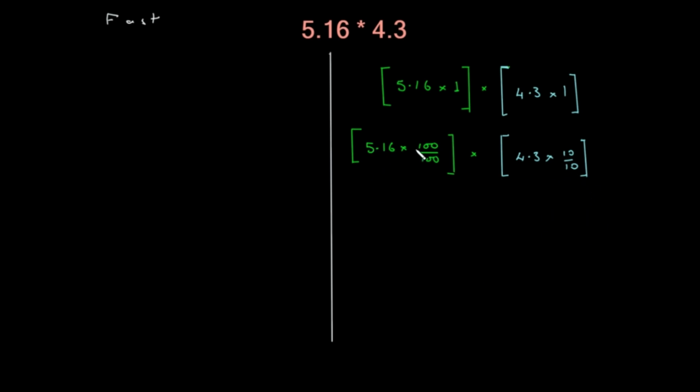Okay, let's split these up here. So we have here 5.16 times 1 over 100. That's the bottom bit. Okay, and then times 100.